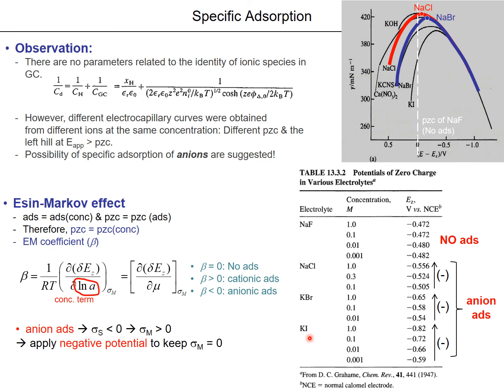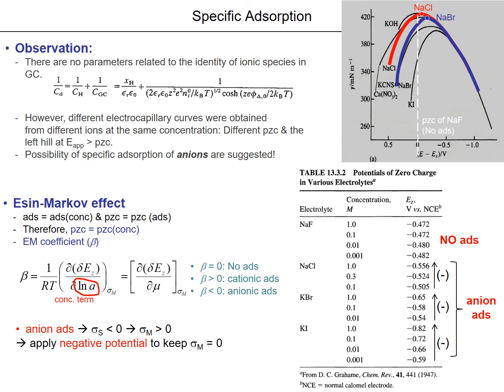How about KI? Potassium iodide goes from minus 0.6 to minus 0.8, in the negative direction. So we can recognize the anionic adsorption for the case of chloride, bromide, or iodide anions.